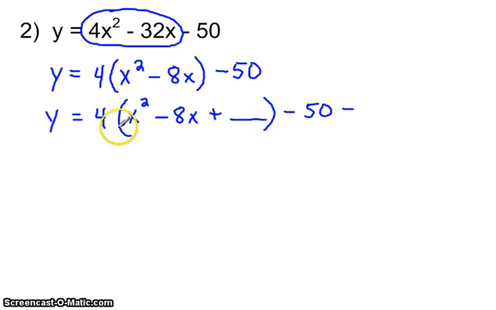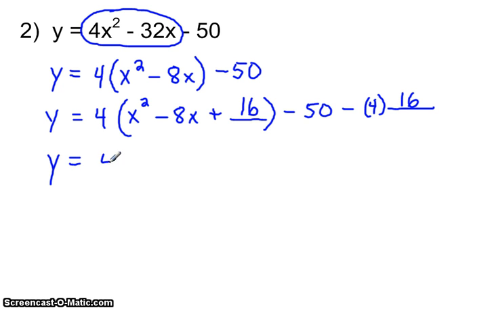This time it's 4 times the blank. Well, we're going to take negative 8, divide it by 2. That's negative 4. Negative 4 squared gives us 16. So we've got to do the 16 here as well.